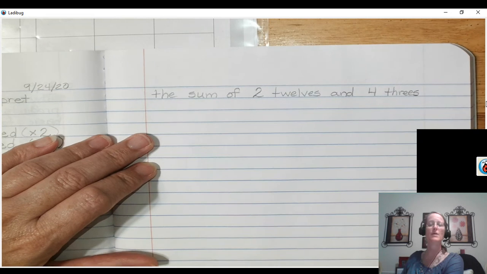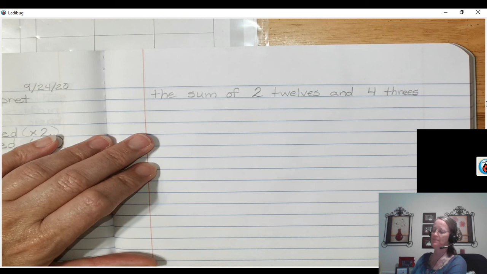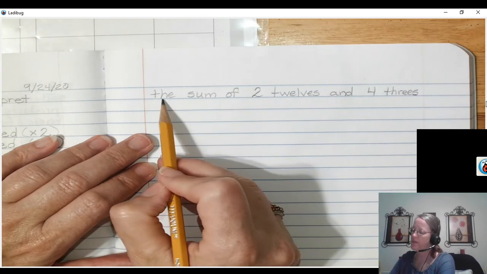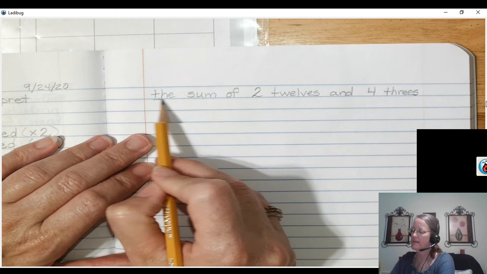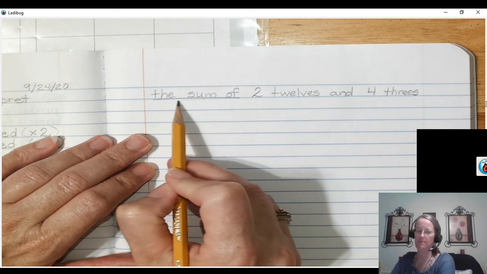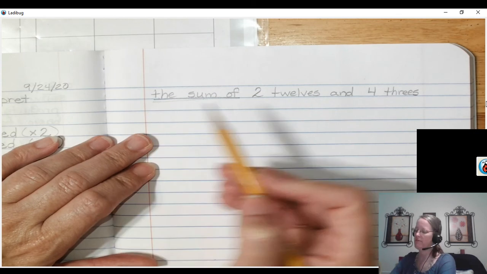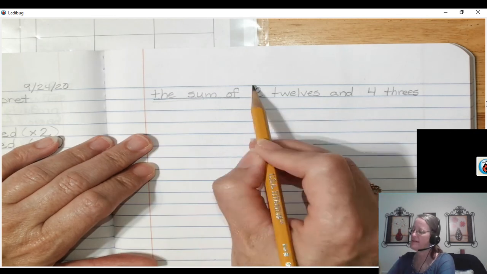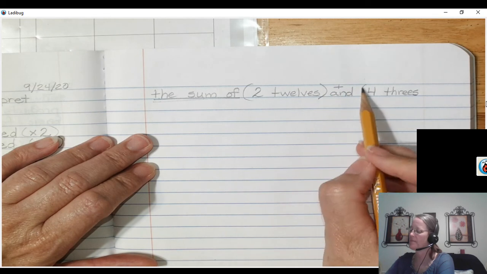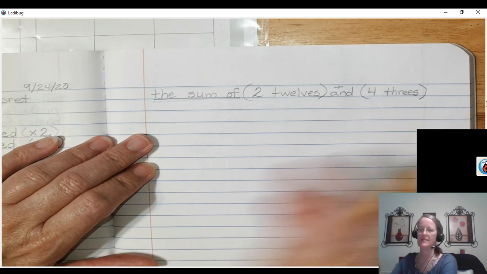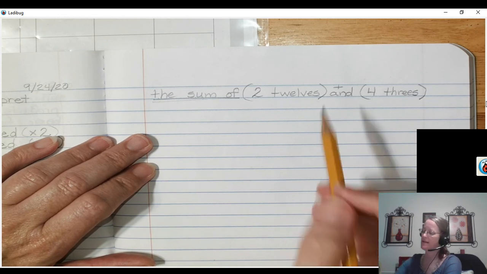The sum of two 12s and 4 3s. So the sum of tells me that I'm going to add something. Okay? The sum of this and this. I am going to add these two together.